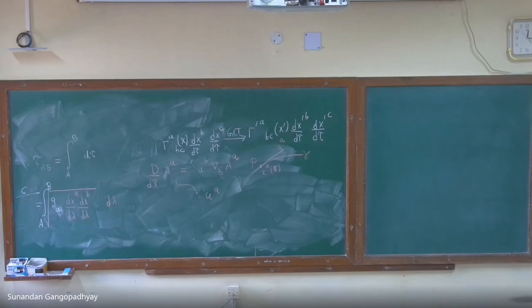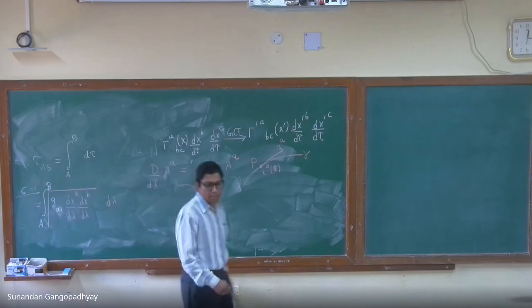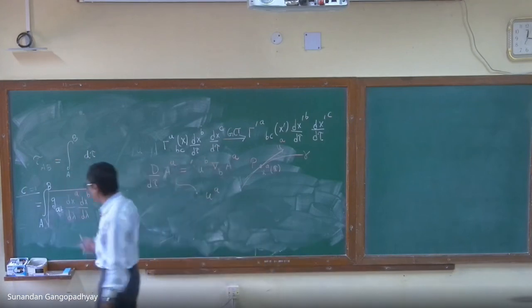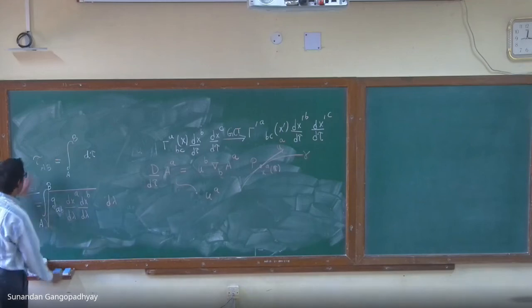So the curve x^a along which the free particle moves in the curved space-time is parameterized by an invariant parameter lambda. So tau was the proper time, but now we have changed it to an invariant parameter lambda. You can see that this is like an action.